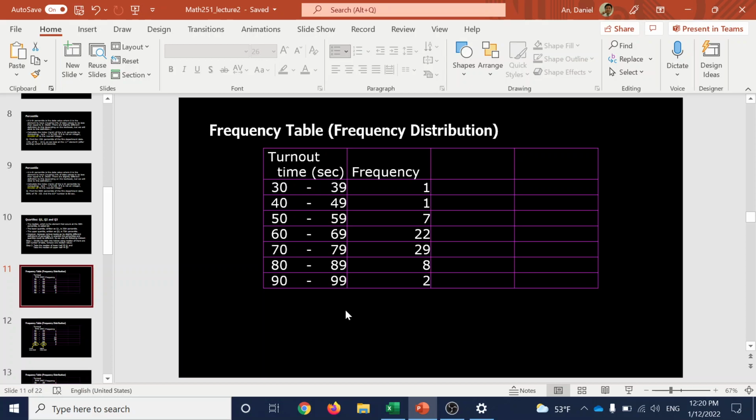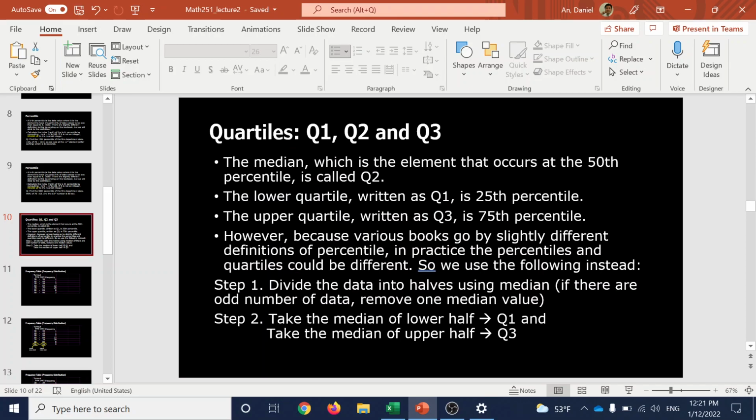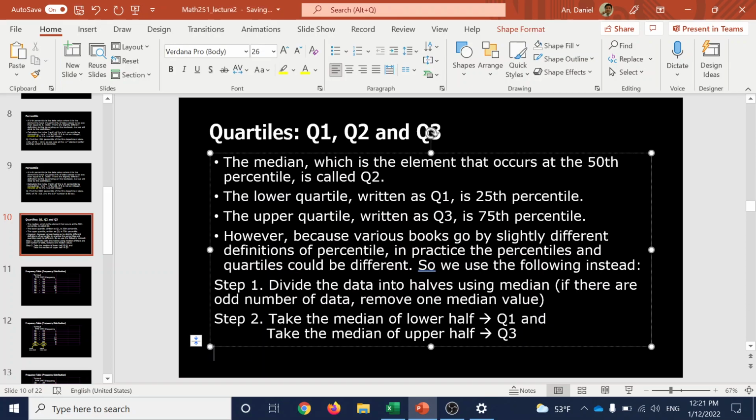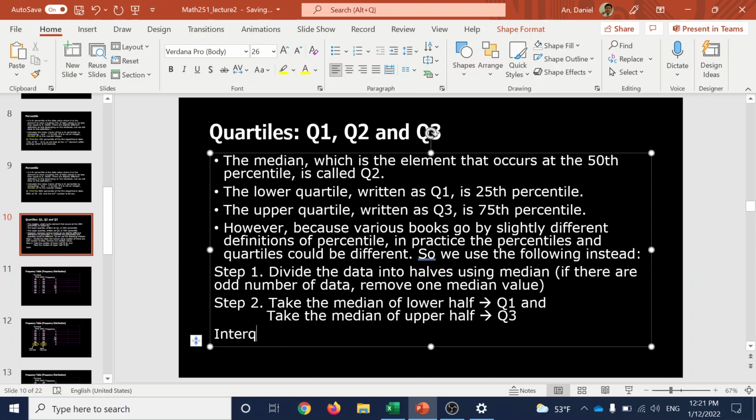At least from the lower quartile to upper quartile, 50% of the data is there. So you get a feel for what's normal data, the usual data values in a data set. And I forgot to add here, I should have added here that there's something called the interquartile range.